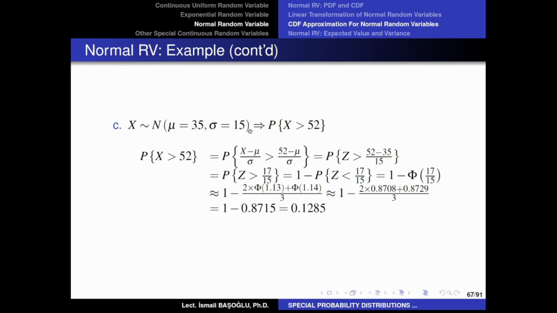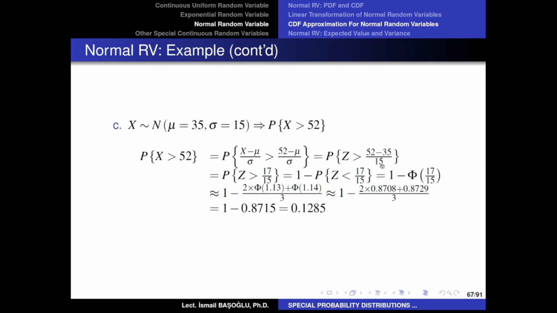Now, the third part of the question asks, if X is a normal random variable with location parameter 35 and scale parameter 15, what is the probability of X being greater than 52? Now, what do you do? Standardize. How do you standardize? By subtracting the location parameter and dividing by the scale parameter, applying this to both sides. The left-hand side becomes a standard normal random variable.